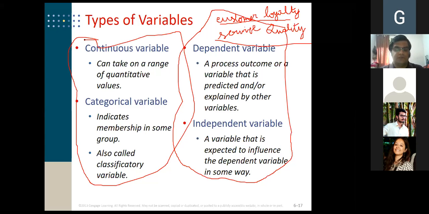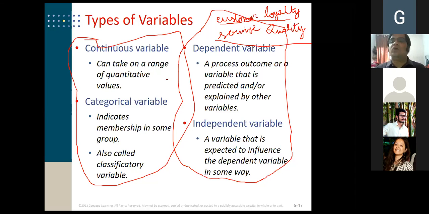Okay, I think you have not studied this. Fine. Now, a continuous variable, if you see, can take a range of quantitative values. So I will explain this.